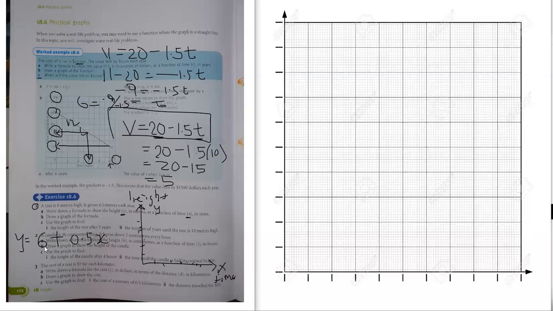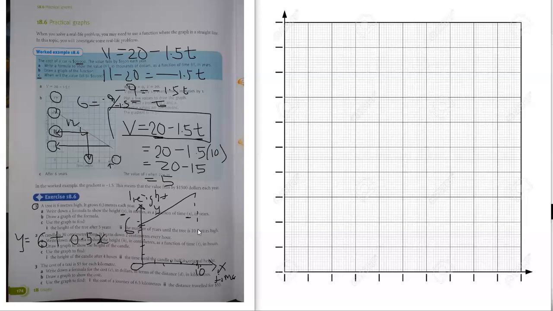Okay, if you have 6 in front, that means we are going to start at 6 now. This is 0 here, then this is 6. Every year increases 0.5. So let's say I only need to draw up to 10 years. After 10 years, if every year increases 0.5, 10 years increases 5, right? So in the end, the graph is going up like that.